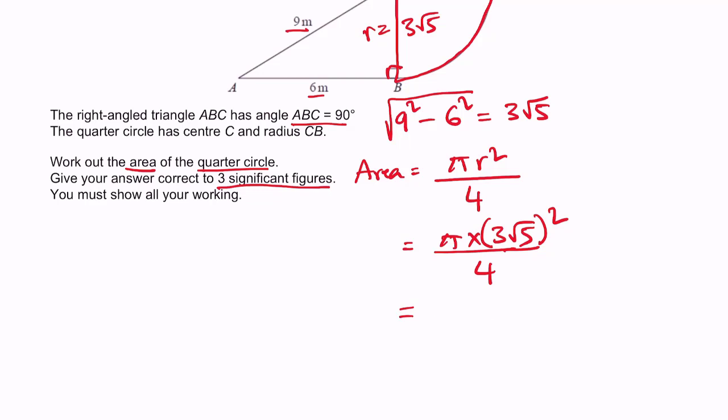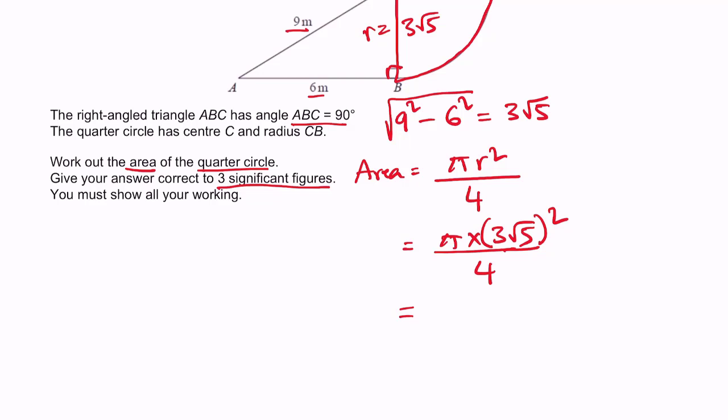So let's type this all again. So shift pi times brackets 3 root 5, close brackets, and then square it. Oops, showing me error, so I'm going to write it as a fraction. That's probably the best way to do it.